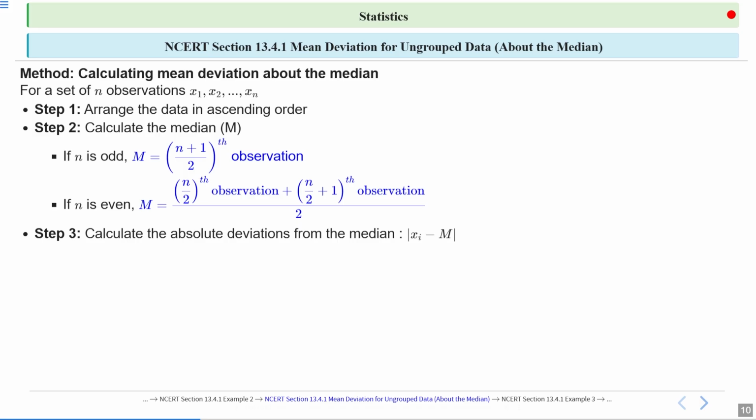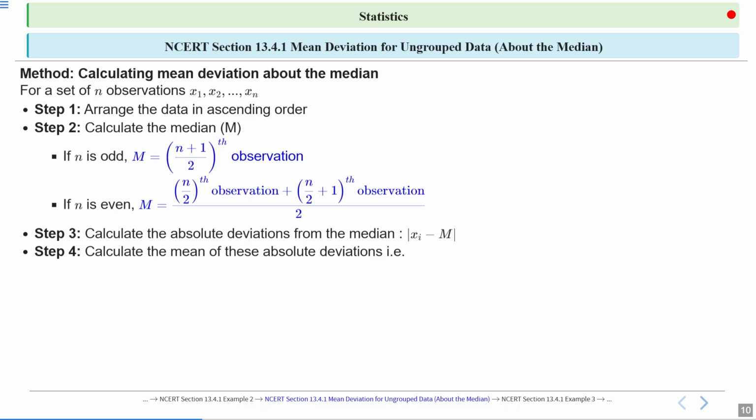Once we have found the median, the next step is to calculate the absolute deviations from the median, such that mod of xi minus m, where xi is the data point and m is the median. Step 4 is to calculate the mean of these absolute deviations.